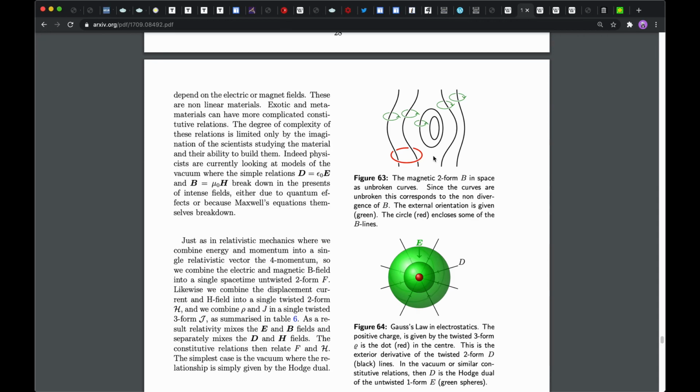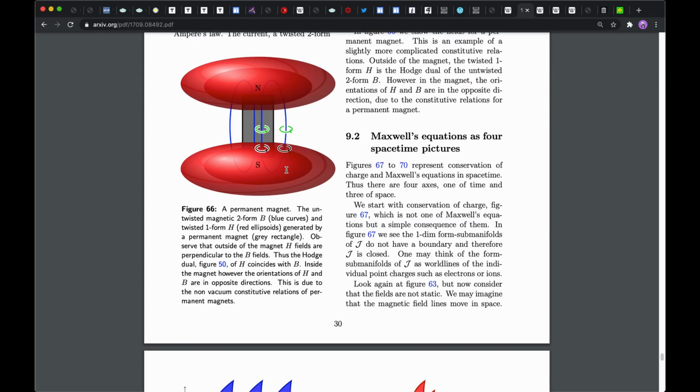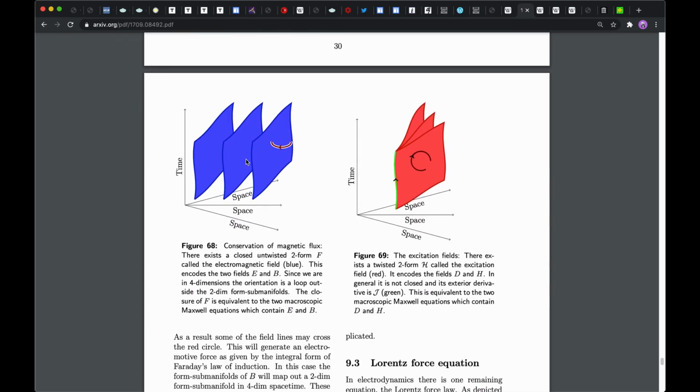You need to imagine that if that field is dynamic and changes over time, then you will see those lines moving in 3D space, and that movement will produce two-dimensional surfaces in four-dimensional space. So the dynamics in 3D space, which could be depicted as an animation, could be depicted as 2D surfaces in space-time.